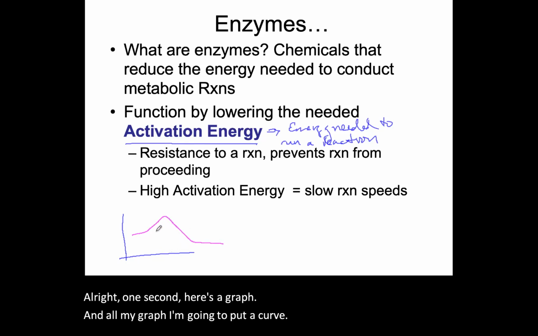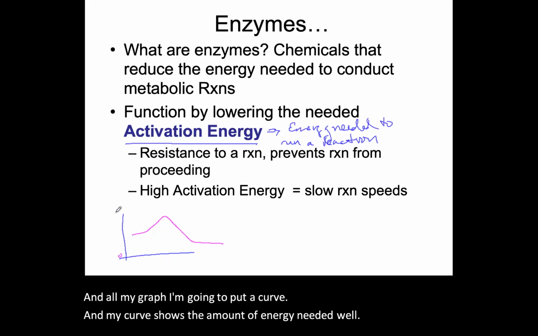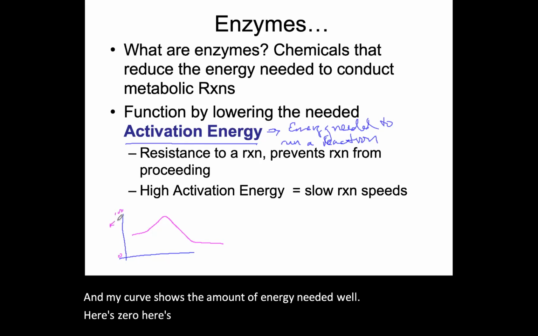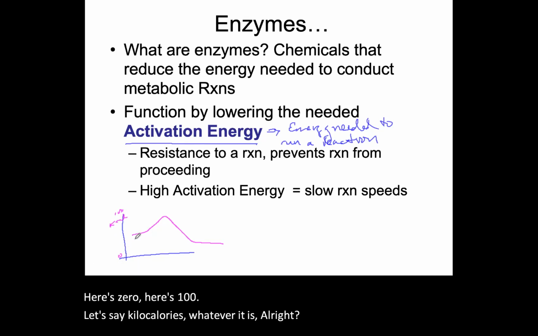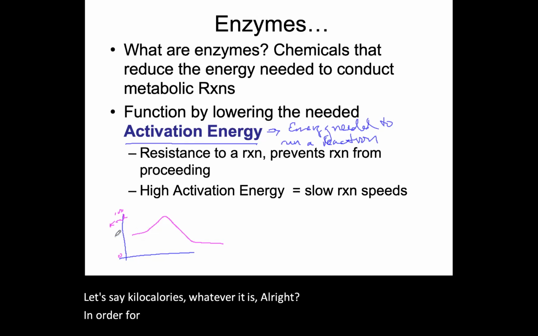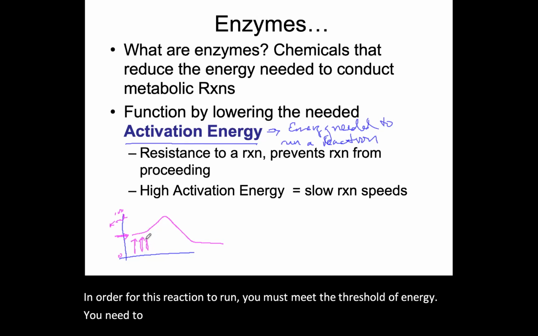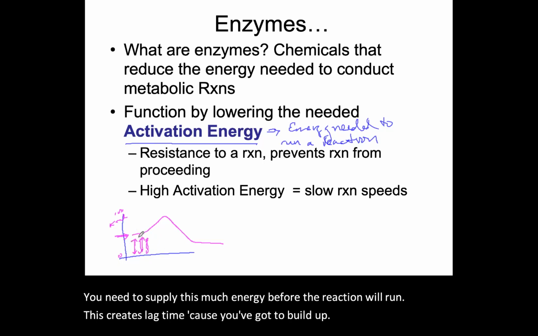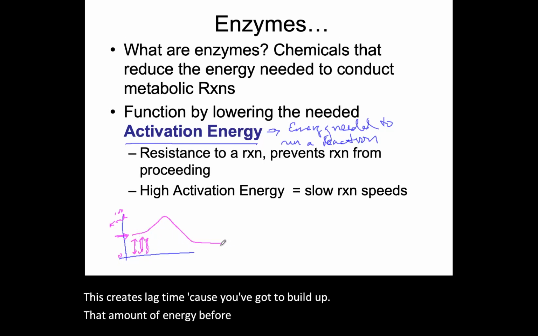My curve shows the amount of energy needed. Here's 0, here's 100, let's say kilocalories, whatever it is. In order for this reaction to run, you must meet the threshold of energy. You need to supply this much energy before the reaction will run. Well, this creates lag time because you've got to build up that amount of energy before this reaction will run.